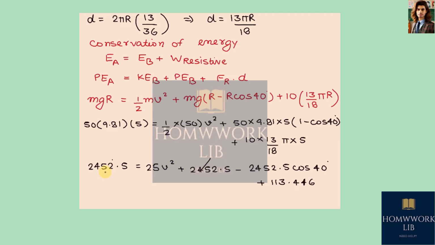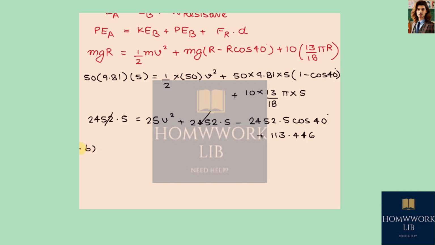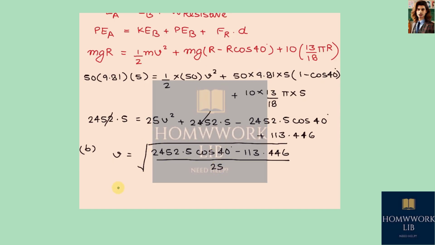Here we can cancel this term and we get, for part B, v is equal to under root of 2452.5 cos 40 degree minus 113.446, divided by 25. On solving, we get v equal to 8.40 meter per second.